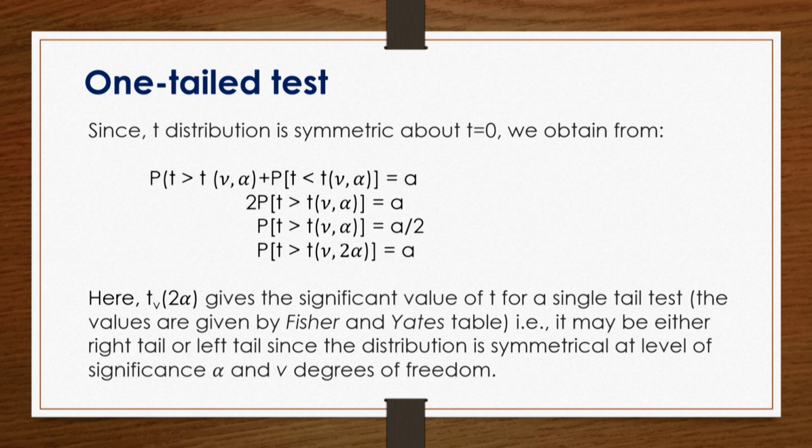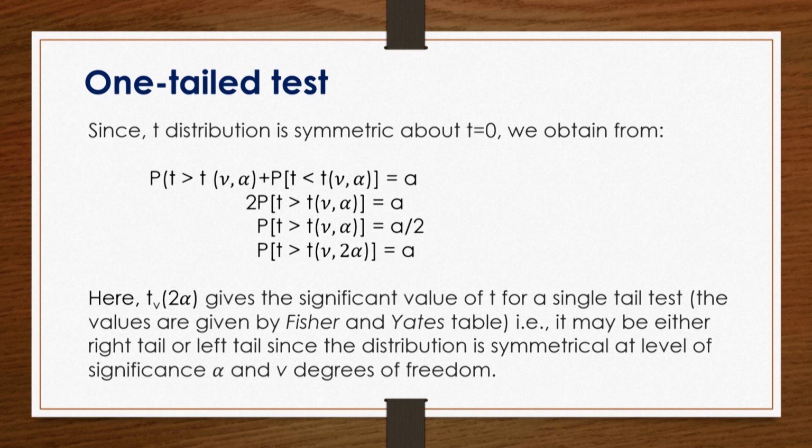So, we can have 2 times the probability of the corresponding value equal to alpha. So, probability of the particular value is equal to alpha by 2. Hence, the 2 alpha gives the significant value of t for a single tail test.